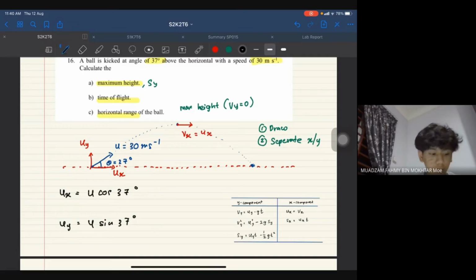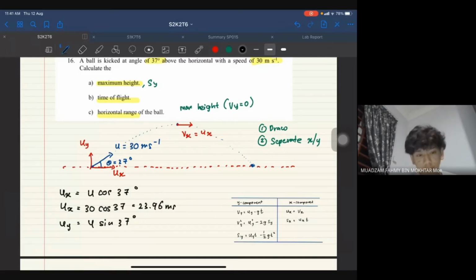So this one, you can substitute. So dia jadi cos sebab sebelah tu ada nilai theta. Okay, I got here is 0.96.